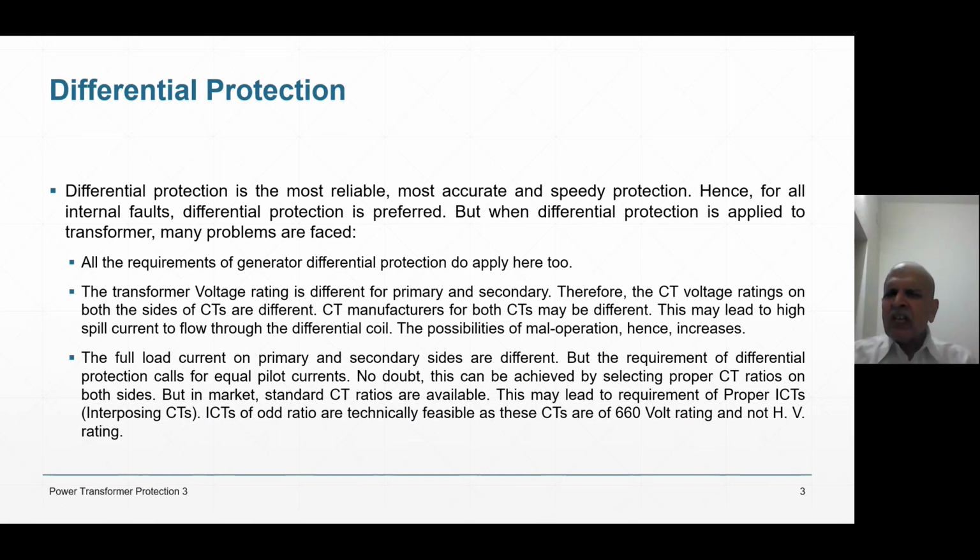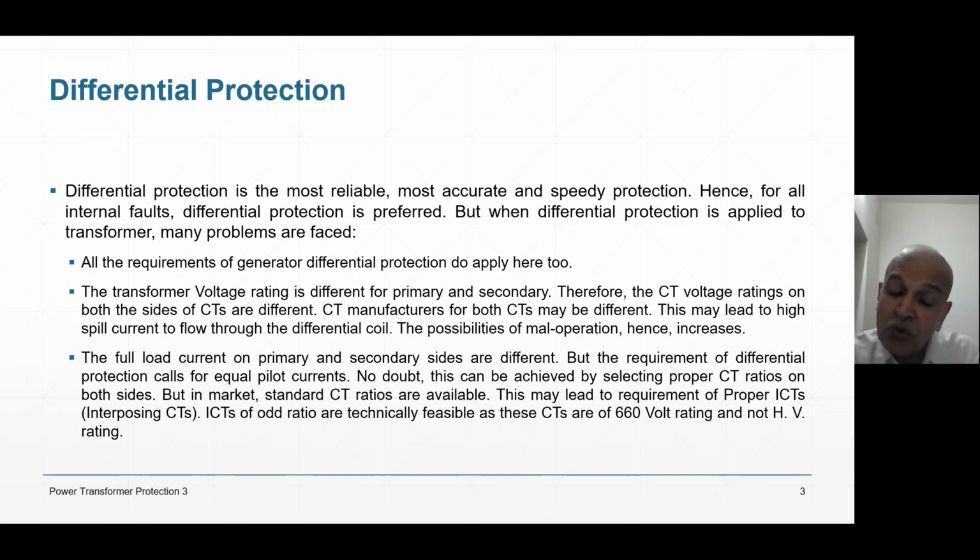So you see, nobody will give you a CT of 656 by 1 or 9050 by 1. One thing, 9050 by 1 is not at all possible. When the primary current is high, you have to go for the secondary rated current at 5 ampere. And 9050 is not standard available.